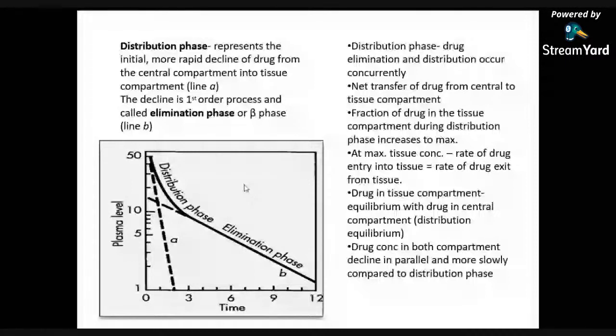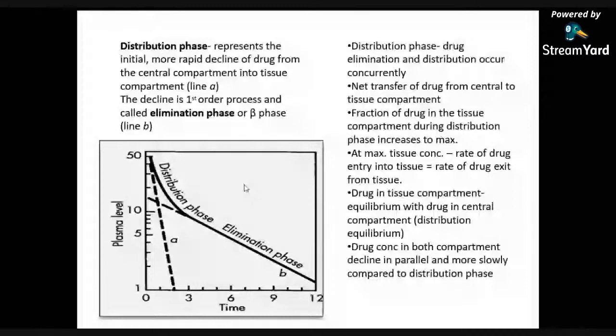At maximum tissue concentration, the rate of drug entry into the tissue equals the rate of drug exit from the tissue. So the drug in the tissue compartment is in equilibrium with the drug in the central compartment, and distribution equilibrium occurs. Then drug concentration in both compartments declines in parallel and more slowly compared to the distribution phase.